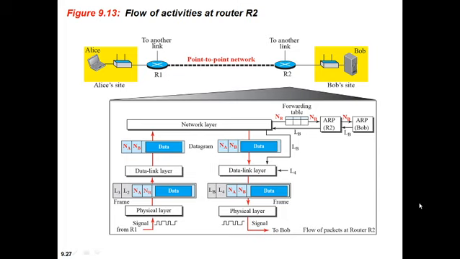NB sends a reply packet with its logical link address LB. The datagram is sent from the network layer to the data link layer, which creates a frame by adding Bob's logical link address and sends it to the physical layer, and lastly the same signal is sent through the media to Bob.